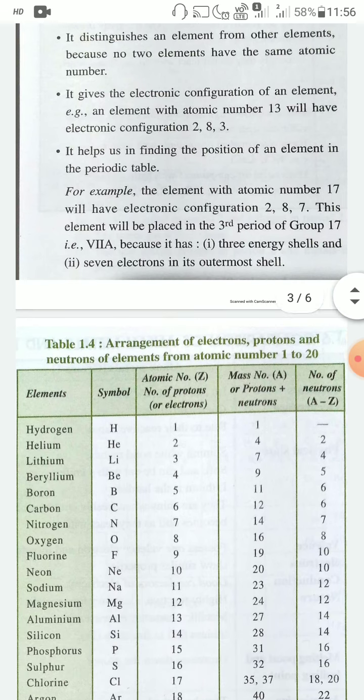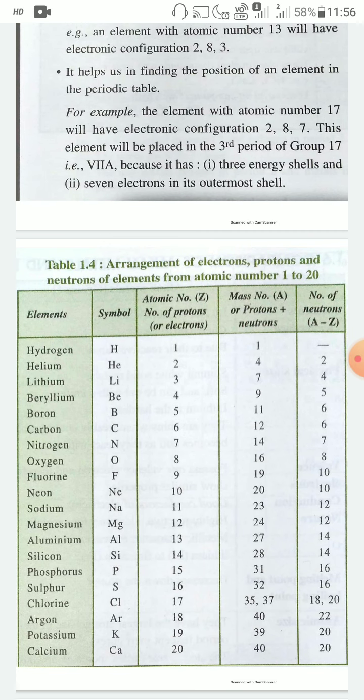For example, an element with atomic number 17. The electronic configuration will be 2, 8, 7: 2 in the K shell, 8 in the L shell, and 7 in the M shell, total 17 electrons. The total number of shells is 3, K, L, M, and the number of shells represents the period number, so it is a third period element.